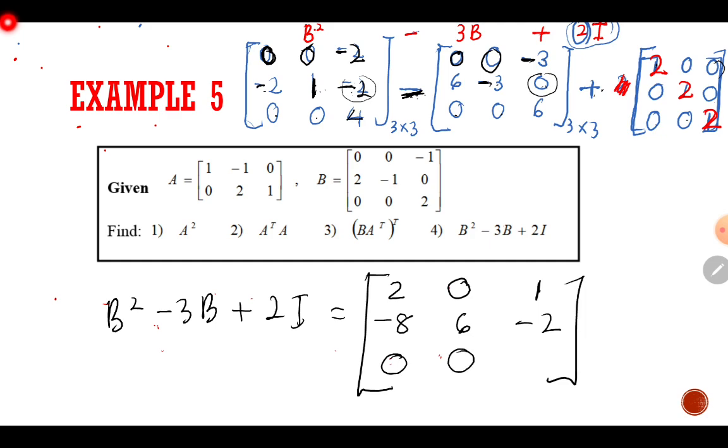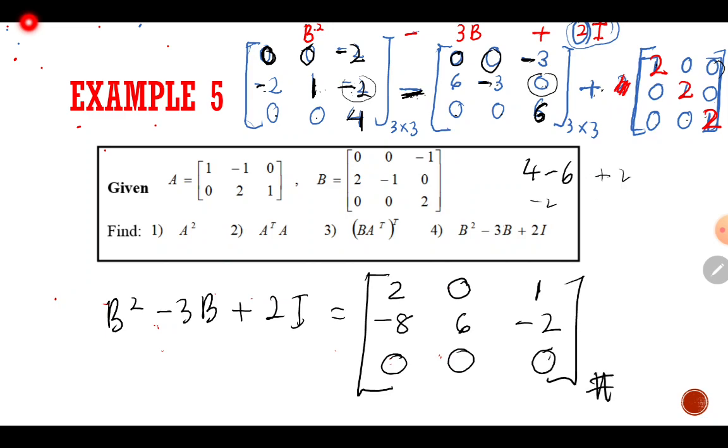And finally 4 here minus 6. 4 minus 6 is negative 2, plus 2. You will get back 0. Right? 4 minus 6 is negative 2, plus 2. You will get 0. Okay class.